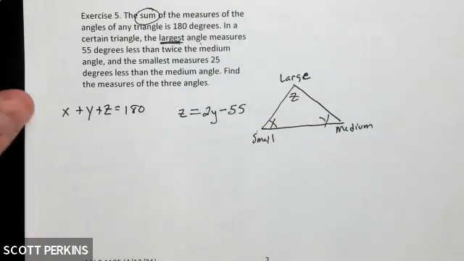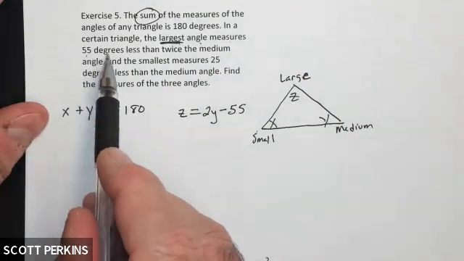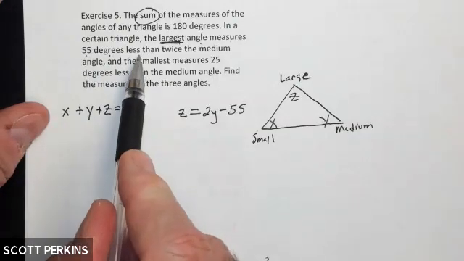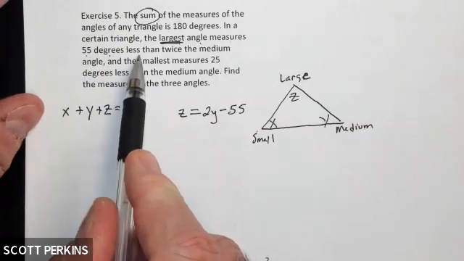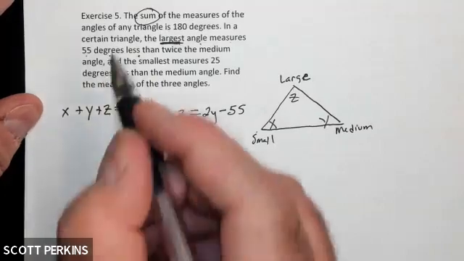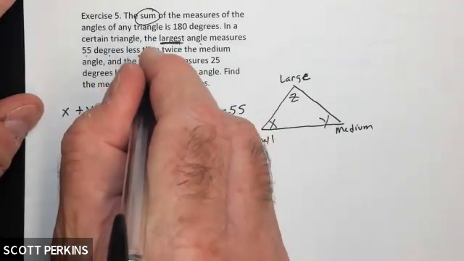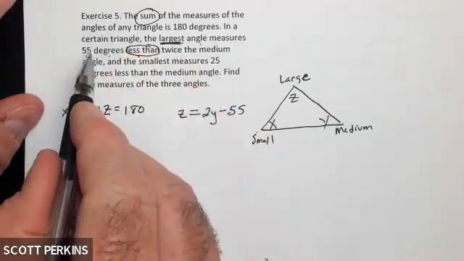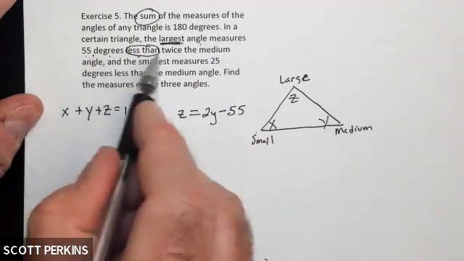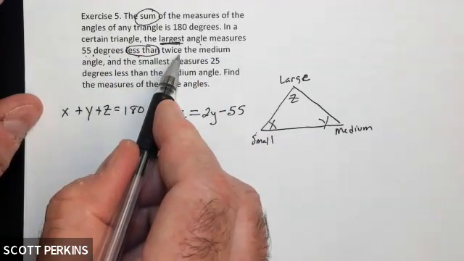Now I know some of you are thinking, hey, the 55 came first in the sentence. 55 degrees less. Shouldn't it be 55 minus 2y? And the answer is no. Unfortunately, the words less than means you're taking whatever you start with, and that's being deducted by whatever comes after.